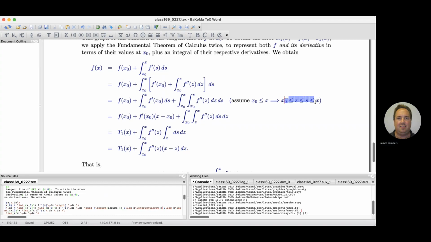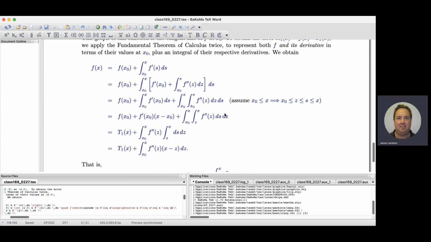Now, the same ordering has to apply as I try to interchange the order of integration. So now I want the outer integral to be with respect to z. So I'm integrating from x naught to x in z, but keep in mind, s has to be between z and x.